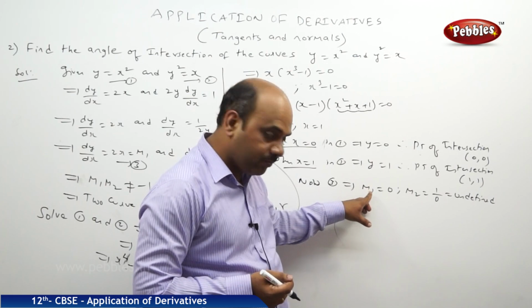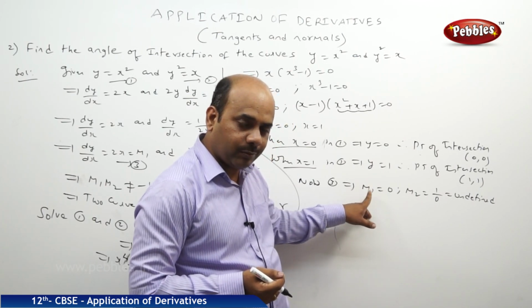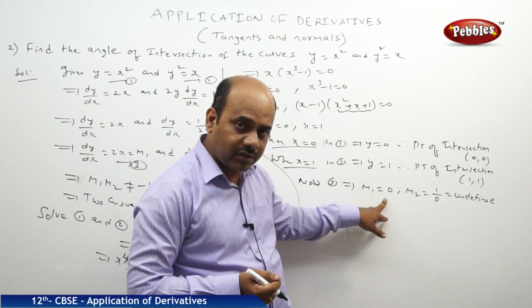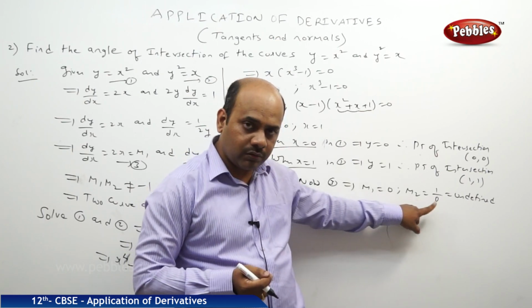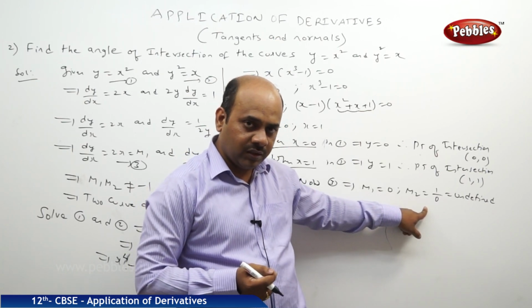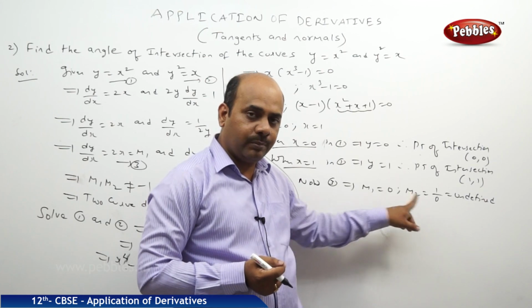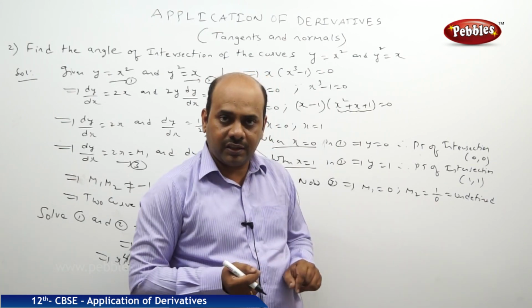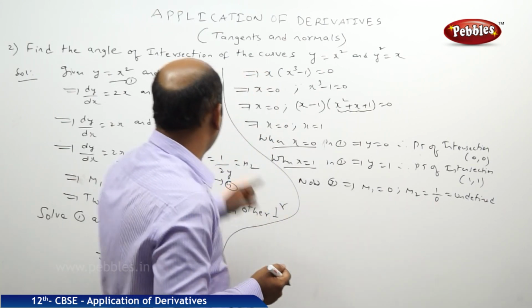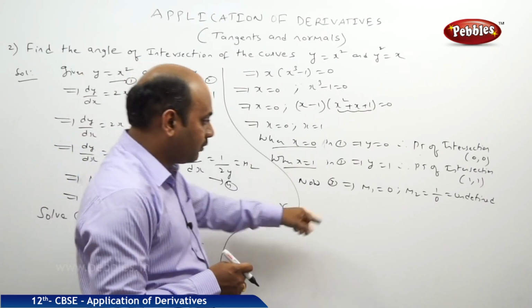Once again I am repeating, m1 equal to 0 is a very important point, you should remember. m1 equal to 0 means it's a horizontal line, m2 equal to 1 by 0 means it's a vertical line. That means the angle between these two lines is 90 degrees, and these two lines correspond to our curves only. Therefore what can I conclude?